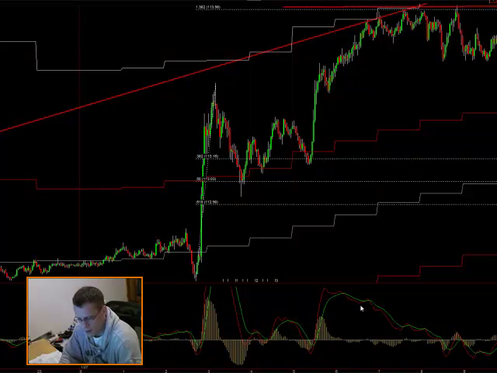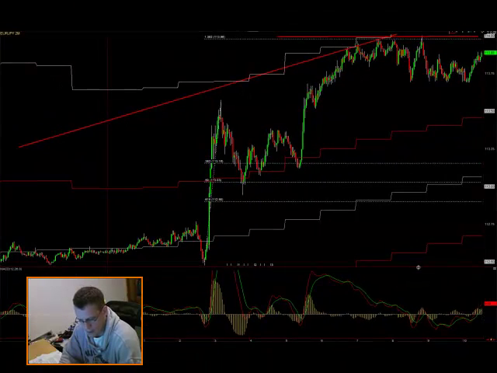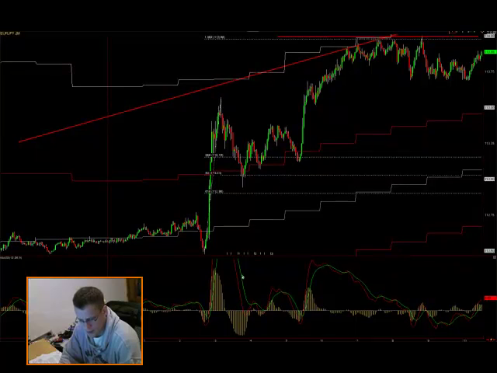Now, if you look at the bottom, you can see that there is a MACD. I will definitely go into the details of this indicator in the future, and there are, in my opinion, much more valuable versions of the MACD, and I will also share those with people in the future.